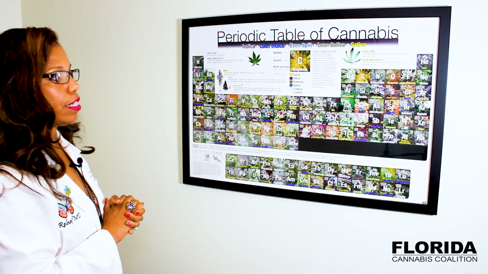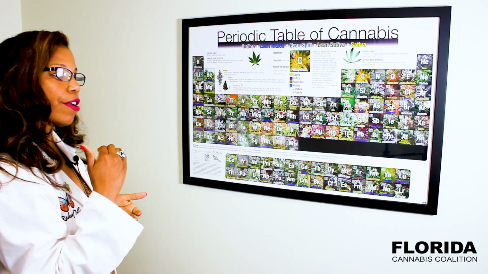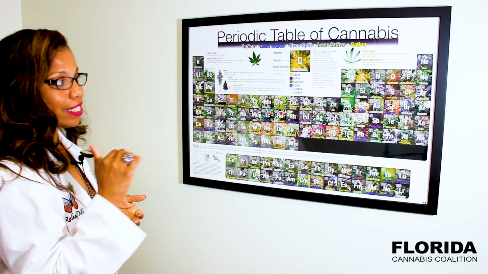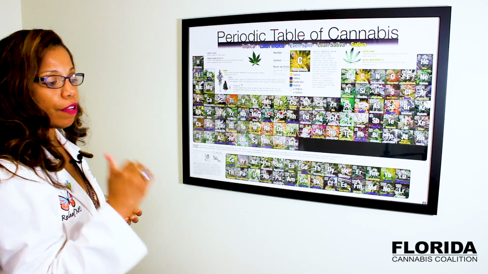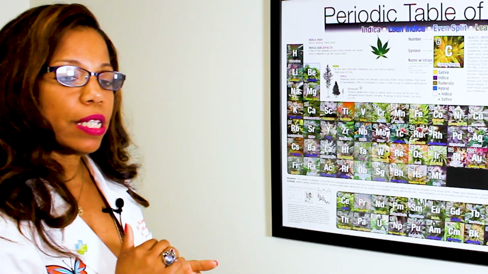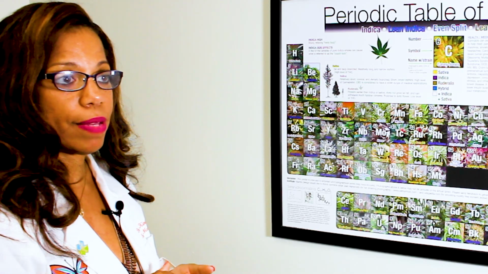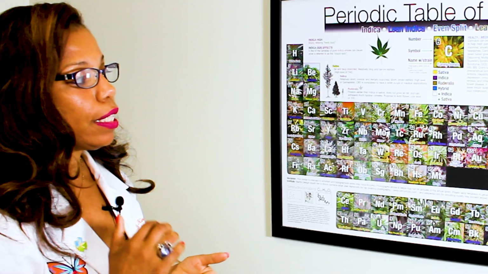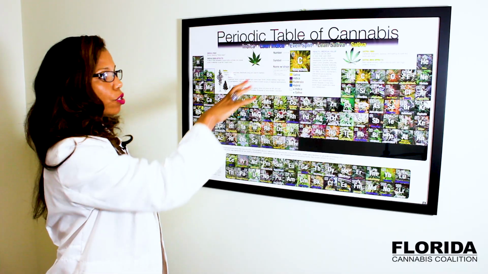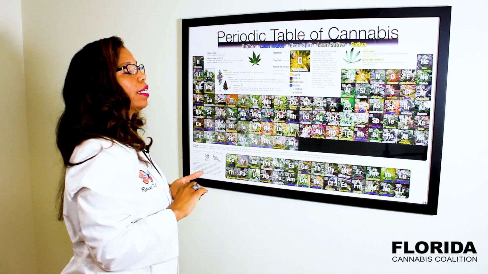Side effects of sativa include anxiety, hallucinations, and these are in very high potency strains. So what I would like to caution you is if you have a sativa that is a pure sativa, you want to be careful with that THC content because it can induce some anxiety. I generally point patients toward a leaner sativa, so that is a sativa that will have a little bit more indica.